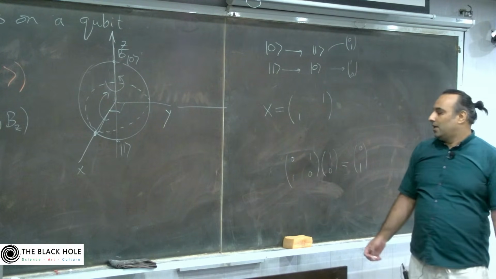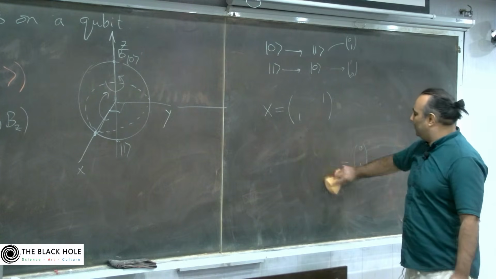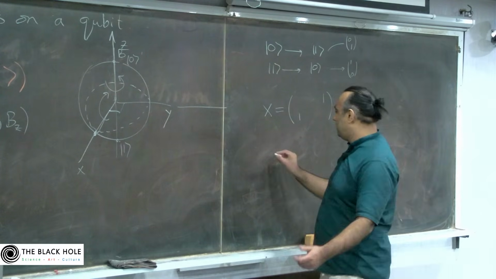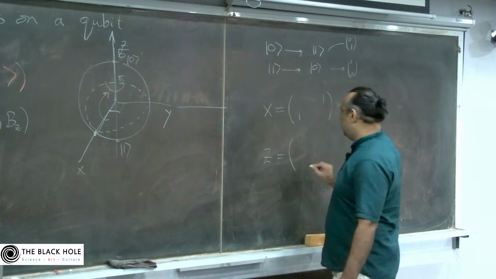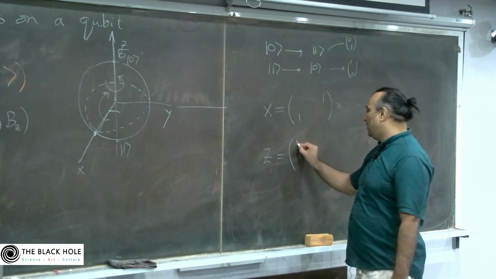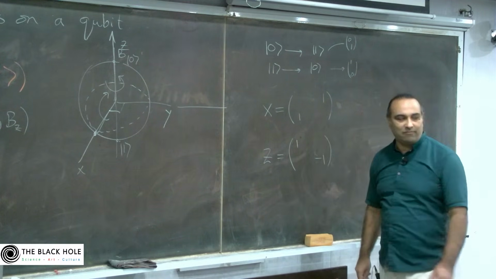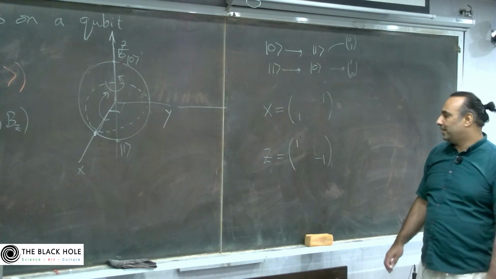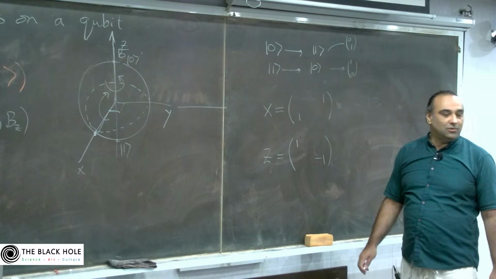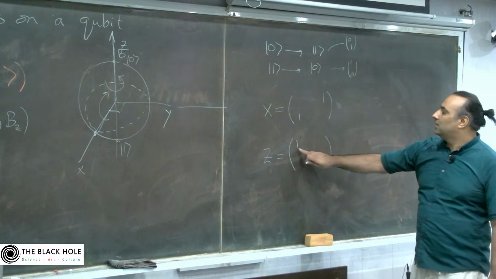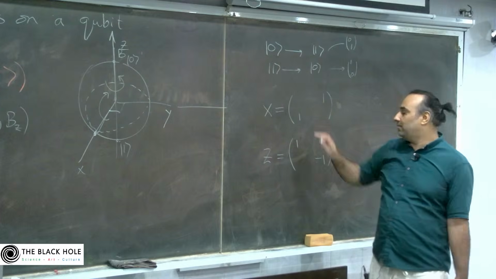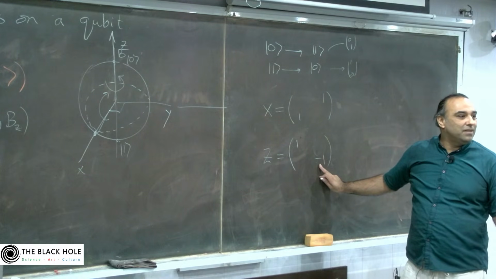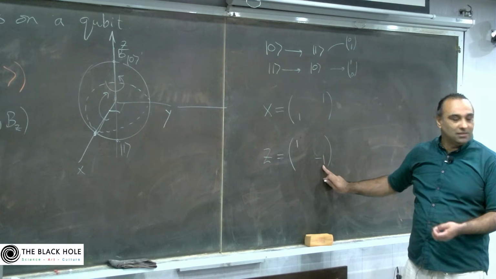Similarly, we can have another unitary transformation with this kind of matrix. This is again sigma z, basically a Pauli matrix, and what this would do is keep the 0 as it is, but flip the phase of the 1.